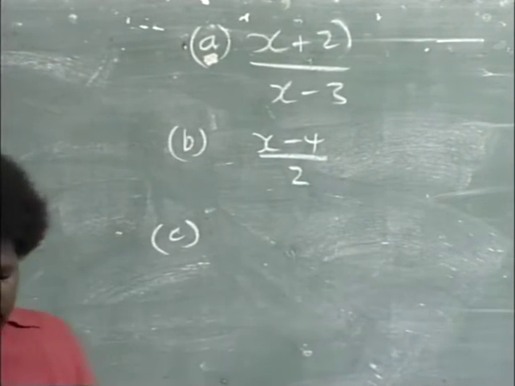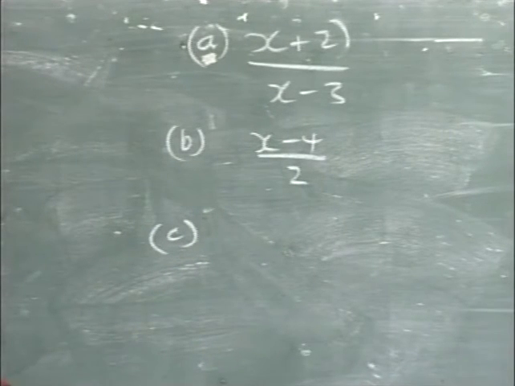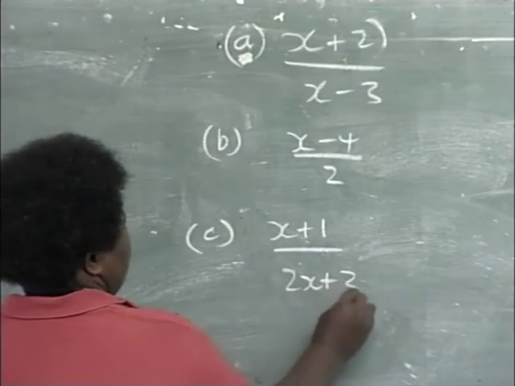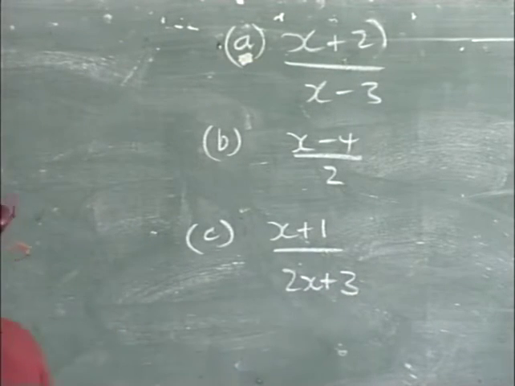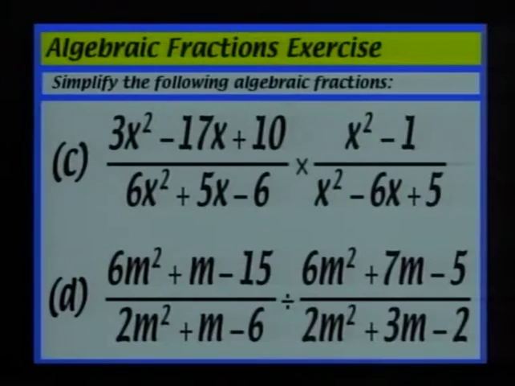All right, let us see. Kila. X plus 1 over 2x plus 3. Yes? Okay, letter D. Kyle. One.